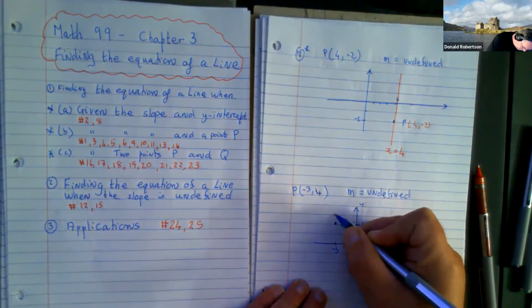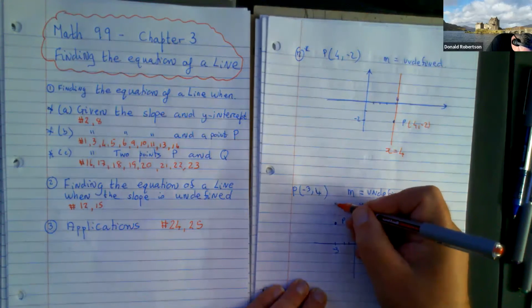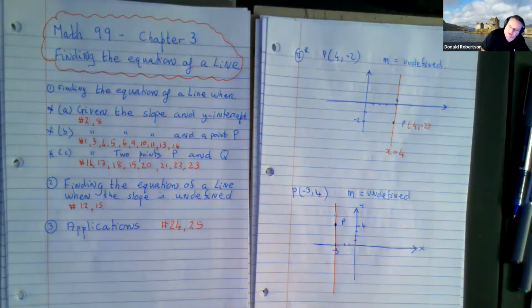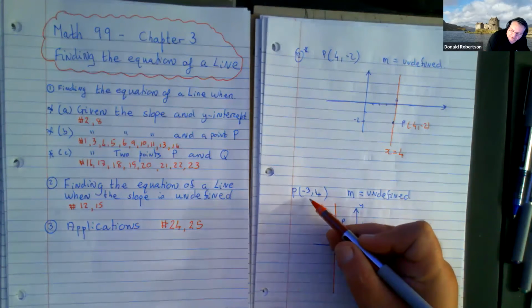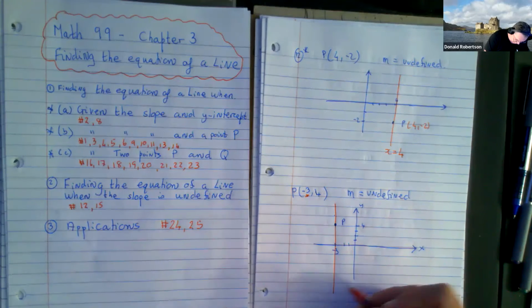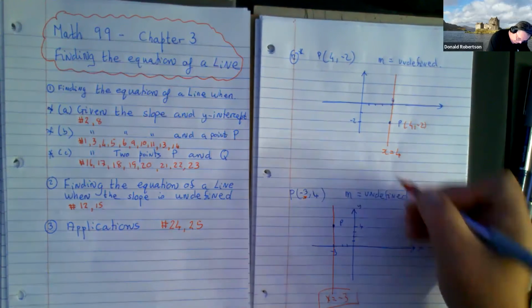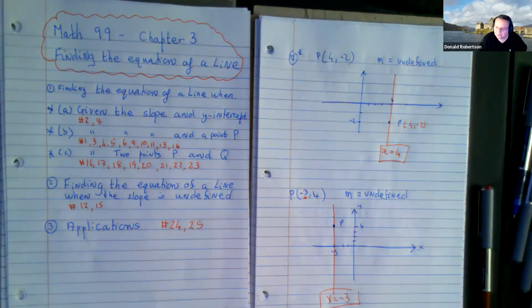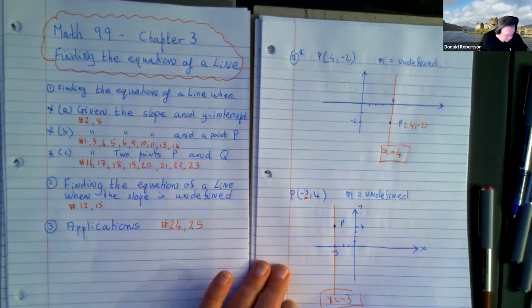There is the point P. And we have a line that is undefined passing through that point. That's a vertical line. What are the x coordinates of that point? Its x coordinate is -3. And there is the equation of your line. By the way, that's the equation of the line in that case. So it's a special case, right? If the line is vertical, you do that.